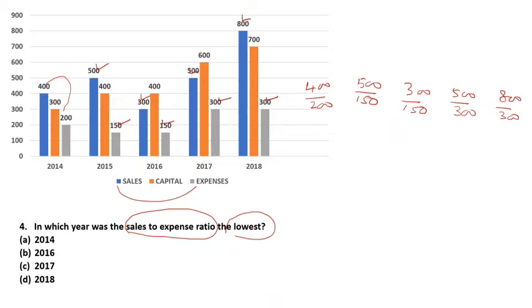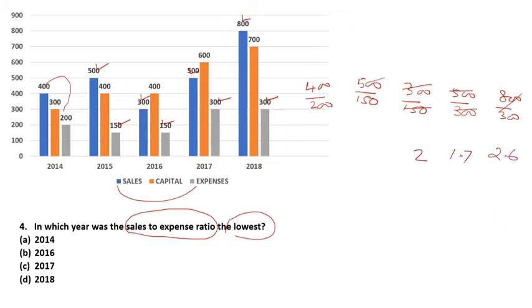Here you can see, students, this 300 by 150 is equal to 2. Here 500 by 300 is approximately 1.7, 1.66 something. Here 8 by 3 is more than 2, 2.67 like that.